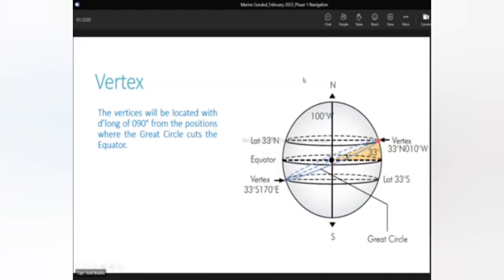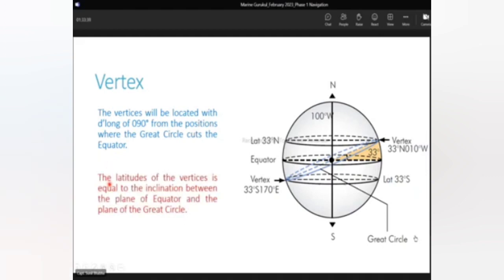So if the equator crossing points are reciprocally opposite, having a d-long of 180 degrees, the vertex will be located at a d-long of 90 degrees from both of them. This is the meaning of the first property: vertices will be located with a d-long of 90 degrees from the positions where the great circle cuts the equator.